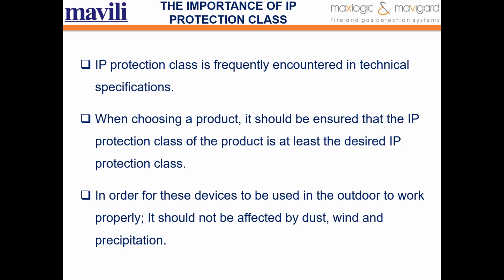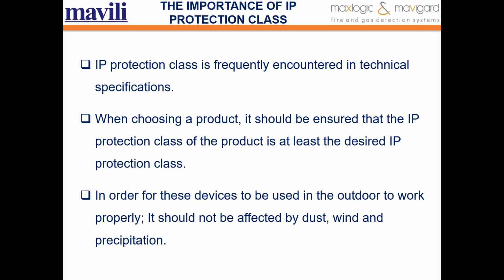IP 65, IP 67, etc. Higher IP protection classes are required for outdoor usage, because in order for these devices to be used externally and work properly, they should not be affected by dust, wind, and rain.